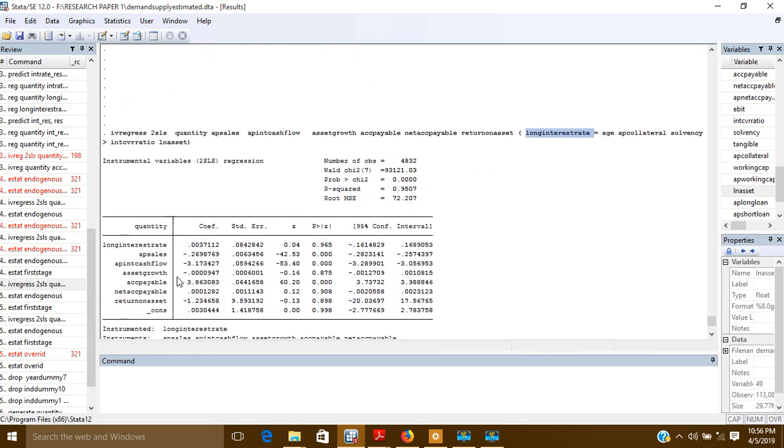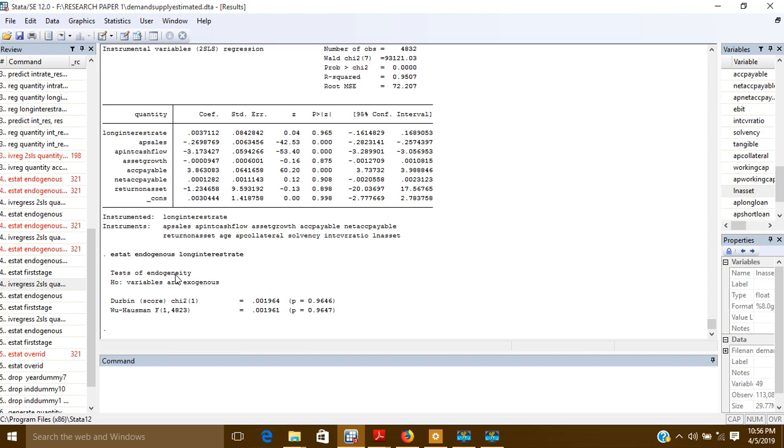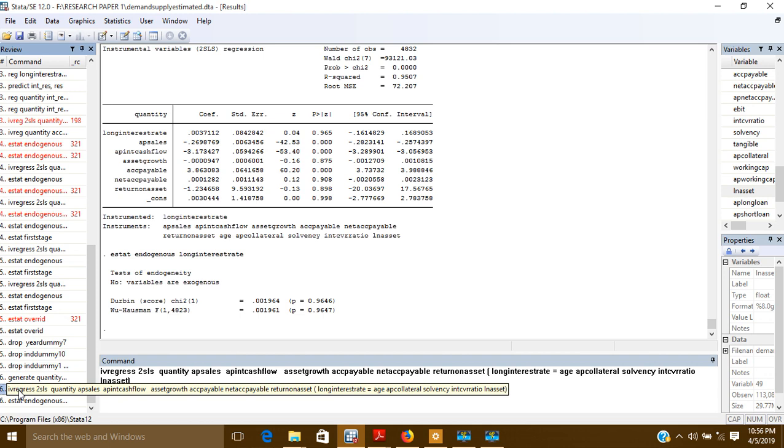Now if you want to test any other variable, for example asset growth, what you have to do is again do the same thing. Here you have ivregress 2sls quantity and AP sales.